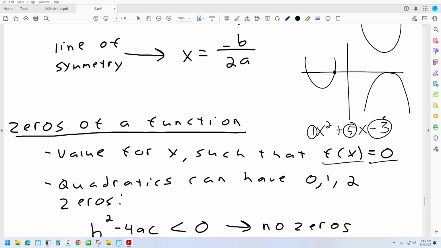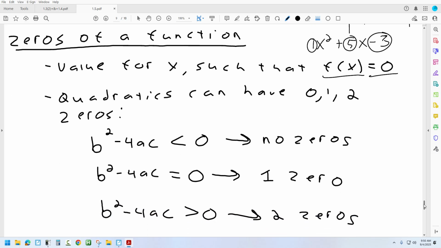Those 3 numbers will tell you. And what you have to do with those 3 numbers is this calculation: b squared minus 4ac. Does anybody recognize that b squared minus 4ac? Where's that from? Yeah, quadratic equation. Yeah, it's the radicand, what's under the radical, in the quadratic formula.